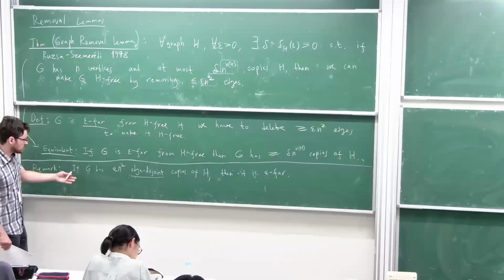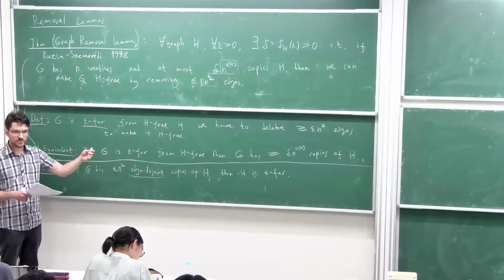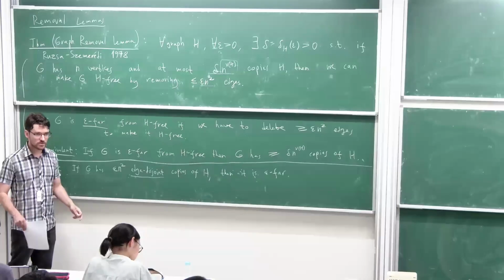Why is this true? Because if we have that many copies and we want to have no copies, then we have to delete at least one edge from every copy. So we have to delete that many edges.